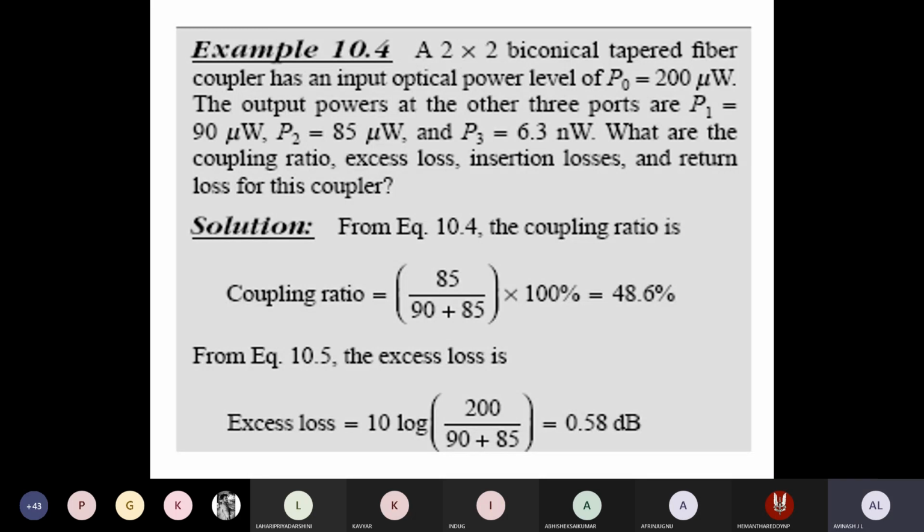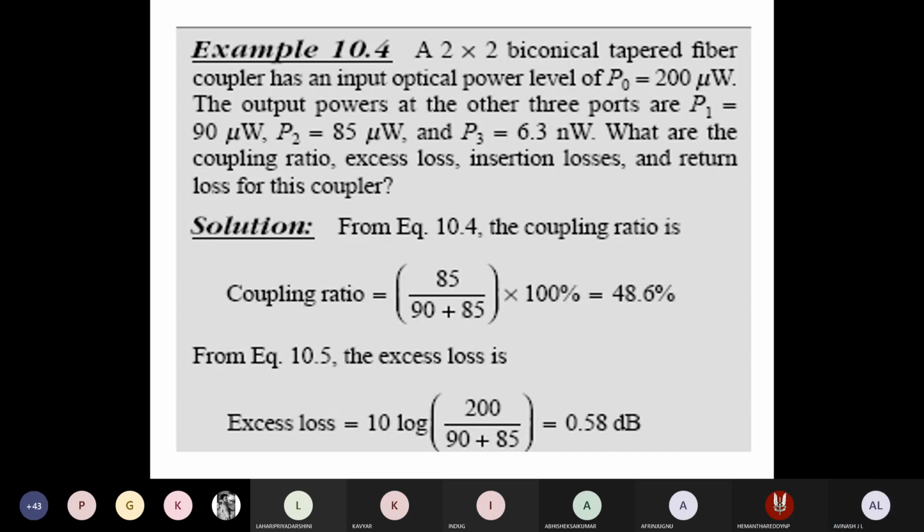A 2x2 biconical tapered fiber coupler has an input optical power level P0 equal to 200 microwatts. The output powers at the other three ports are P1 equal to 90 microwatts, P2 equal to 85 microwatts, and P3 equal to 6.3 nanowatts. This is with respect to the 2x2 coupler.